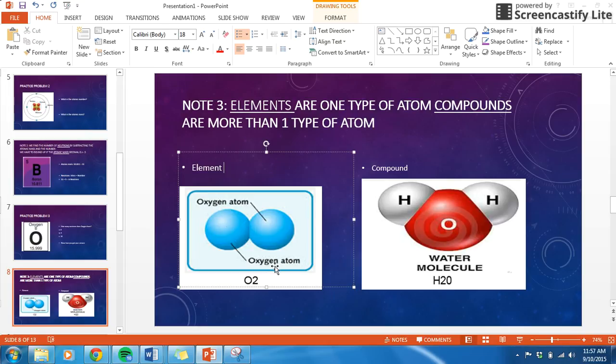They are the same type of atom. However, my compound is water because I know that I have 2 different types of atoms. I have hydrogen atoms and I have an oxygen atom. So that's what makes it a compound, is the 2 types of atom.